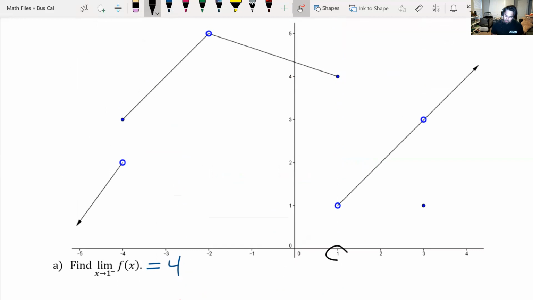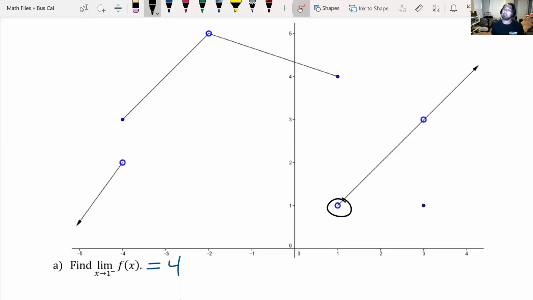So when x is exactly 1, we have two values. We have 1 and we have 4. Well, which point do you choose? And I mentioned it last time in the last notes, a defined point overrules an undefined point.